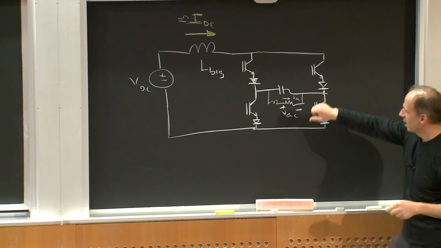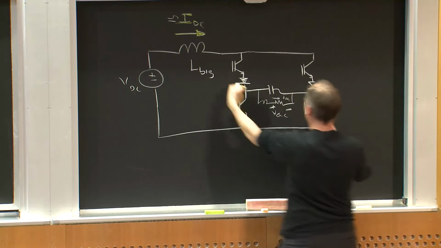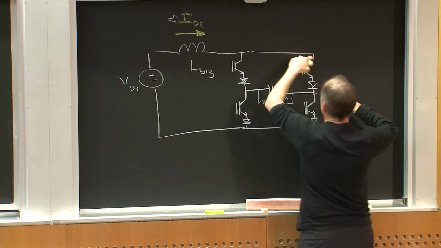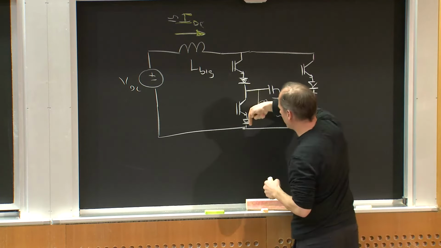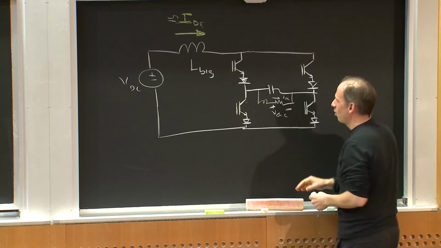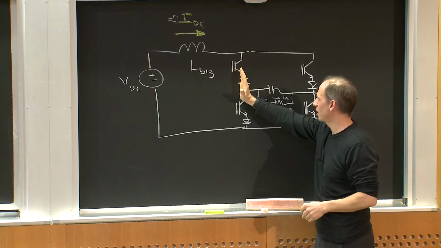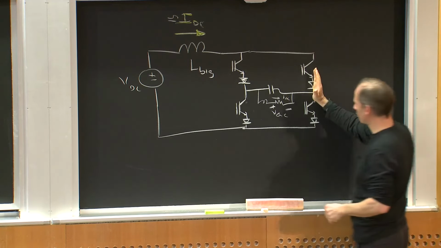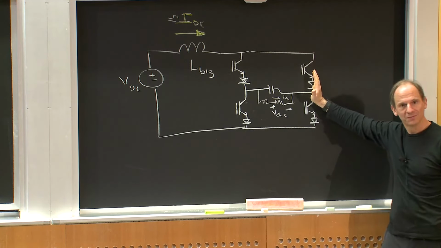So what I can do is switch this DC current into the load this way by having these two switches on. I can switch this current into the load the other way by having these two switches on. Or if I turn these two switches on, the load gets no current. Or if I switch these two switches on, the load gets no current.